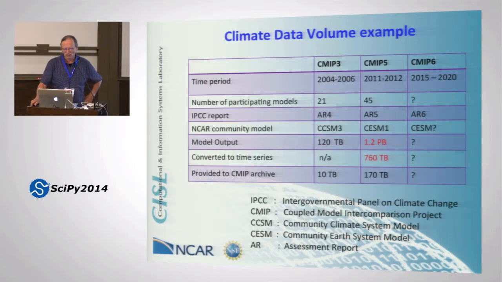Basically, there was 1.2 petabytes of raw data, and in the time that was available, only 760 terabytes was converted to the time slice format. That's like 15 months or so that they had to do it.